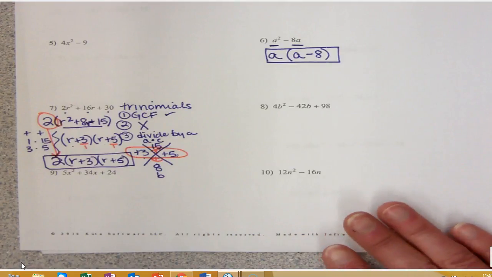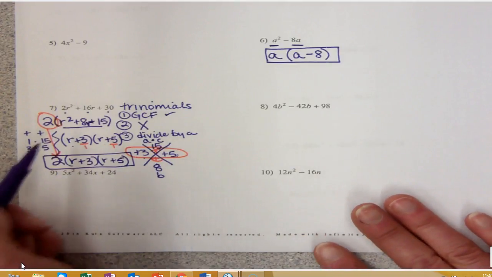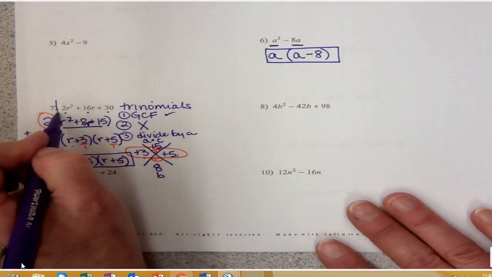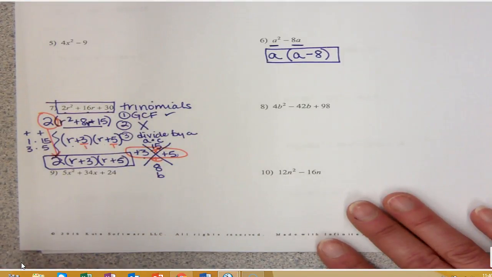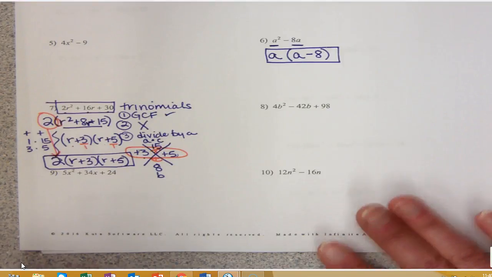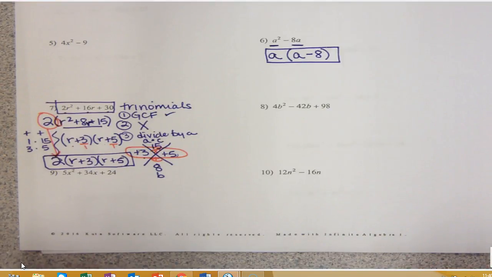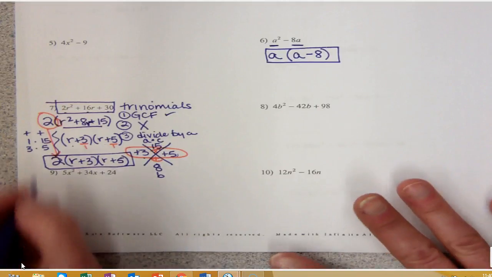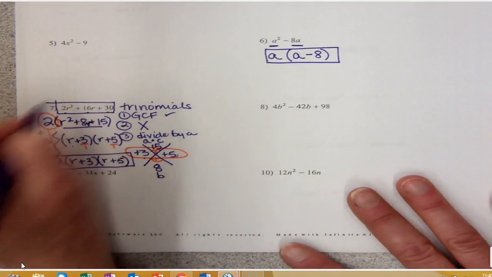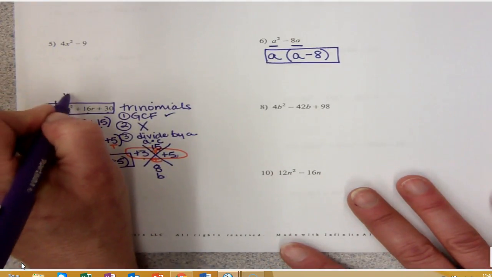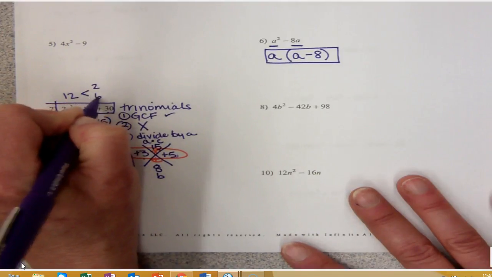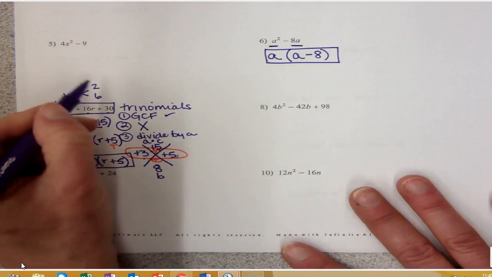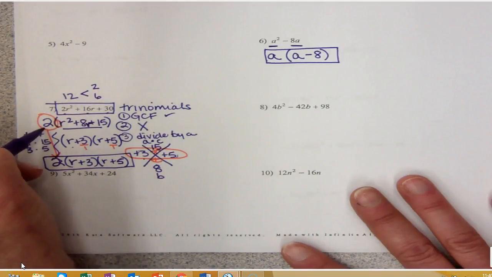So again, you guys remember what we're doing here. The goal is to take this trinomial and break it down into the smallest math terms that we can possibly think of. So for an example, remember if this is 12, we are going to break that down into 2 and 6, which we kind of did here, factored out a 2, we're left with a 6.